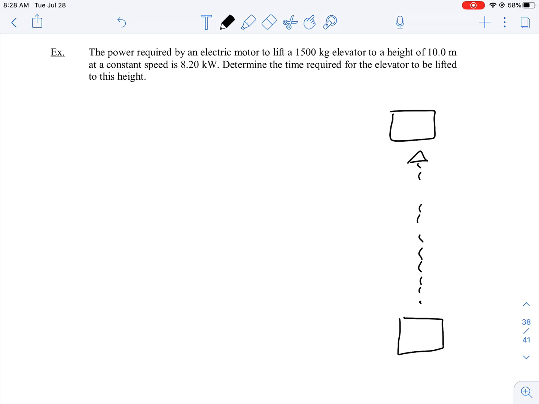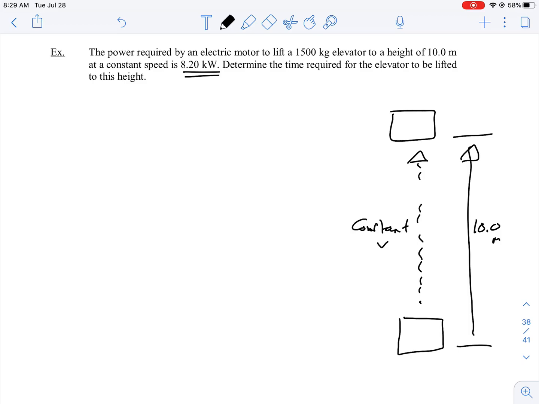This is our 1500 kilogram elevator, and we're moving it up to a height of 10 meters. And we're told that that elevator requires 8.2 kilowatts, and it's going at a nice constant speed all the way through. And we're trying to figure out how much time it takes.